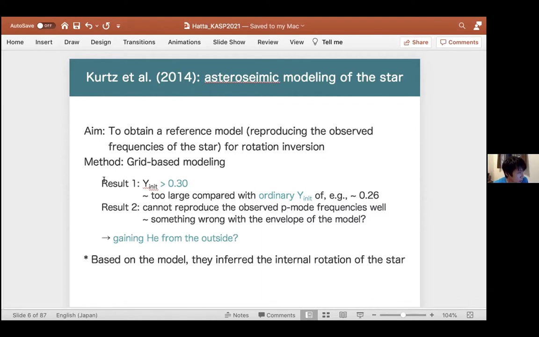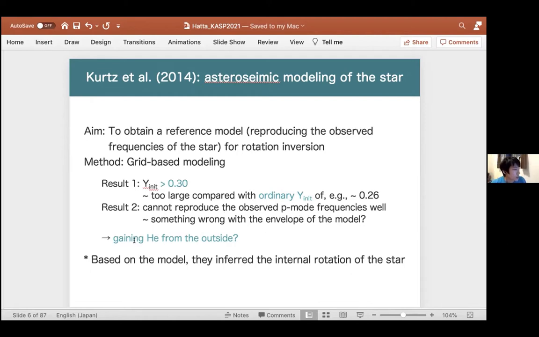The first is that the initial helium abundance of the star is very large, too large compared with the ordinary initial helium abundance of about 0.26. Another result is that their model cannot reproduce the observed p mode frequencies well. So there should be something wrong with the envelope of the model, because p mode frequencies are usually determined by the envelope structure.